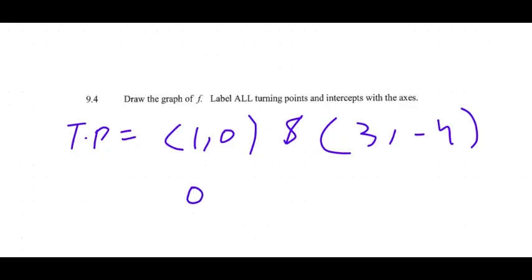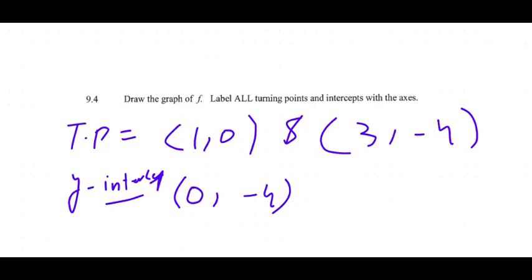So we get the other turning points. For the y-intercept, we have this one, and for the x-intercepts, we have to find the values by setting f of x equals to 0.